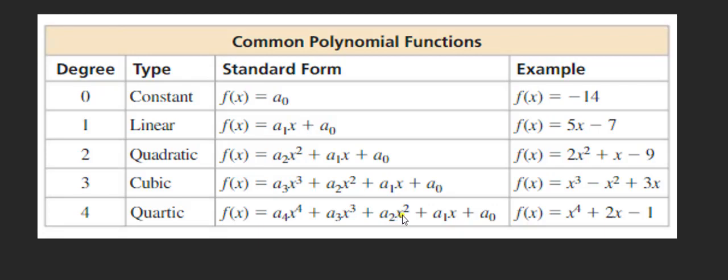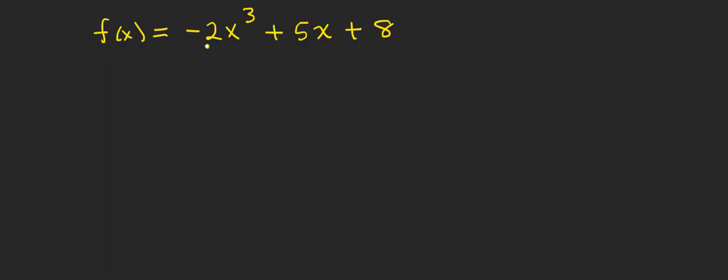Now, we've got quartic polynomial, which means that the degree is going to be 4. And the leading coefficient of this polynomial will be 1. So for example, f of x equals negative 2x cubed plus 5x plus 8. Is this in standard form? It is, because the exponents are in descending order.